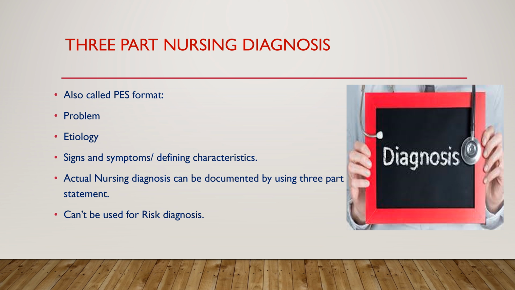It cannot be used for risk diagnosis or potential diagnosis. In that case, we can use a two-part nursing diagnosis. A nursing diagnosis which contains all three components is called a three-part nursing diagnosis.